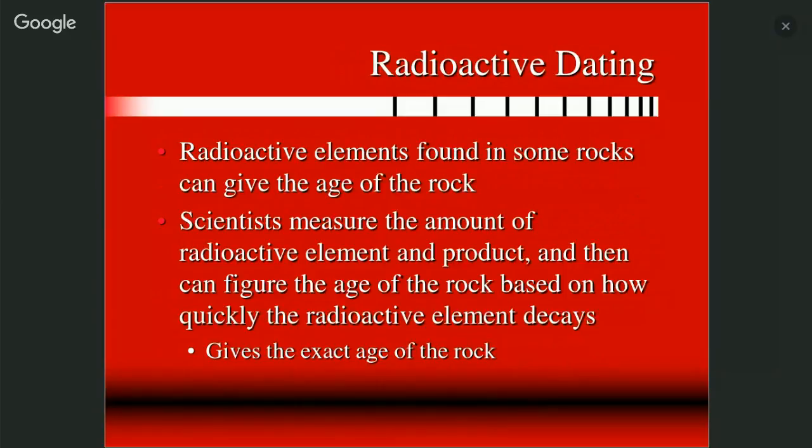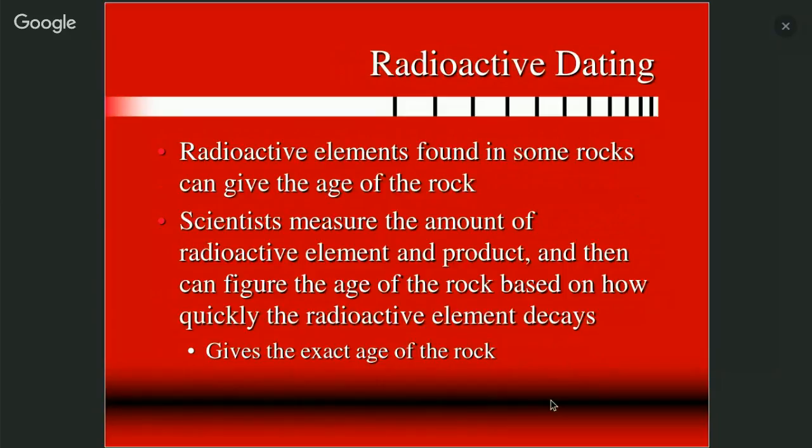So what they actually do is they know that specific radioactive elements go through a process called radioactive decay, meaning they're radioactive, so they give off that radiation, but over time they're going to break down into non-radioactive pieces.